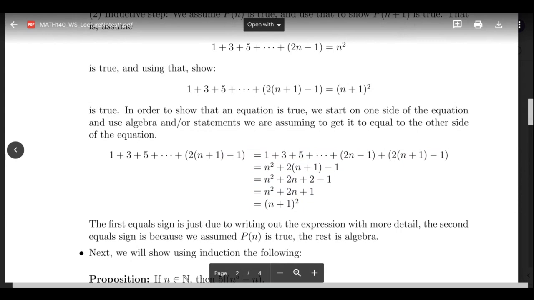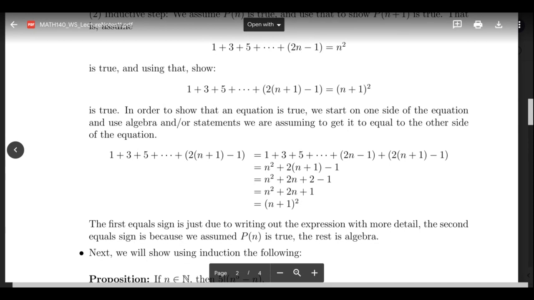How does 1 plus 3 plus 5 plus up to the next term work? Think of it as adding. The sum of n plus 1 odd natural numbers is 1 plus 3 plus 5 plus up to 2n minus 1, plus 2 times (n plus 1) minus 1. 2n minus 1 is a representation of the nth odd natural number.